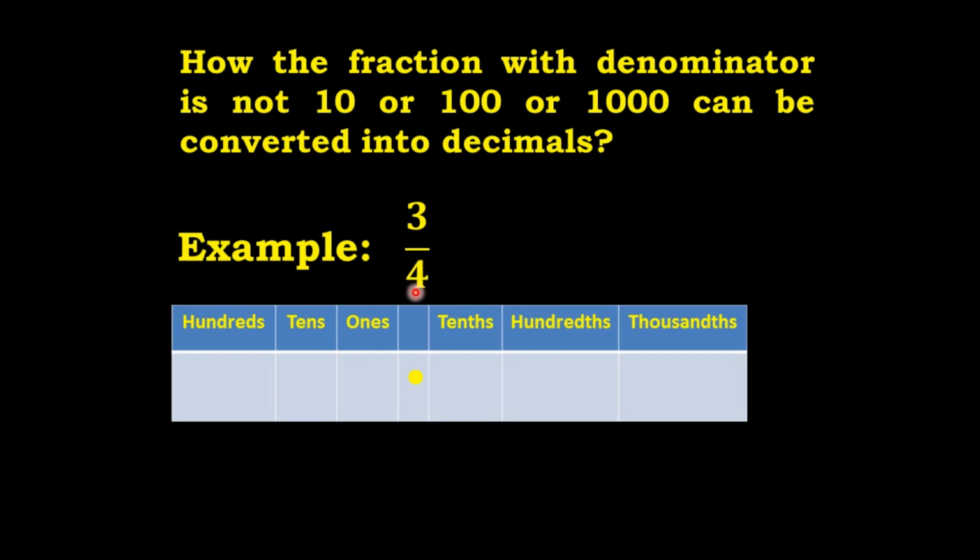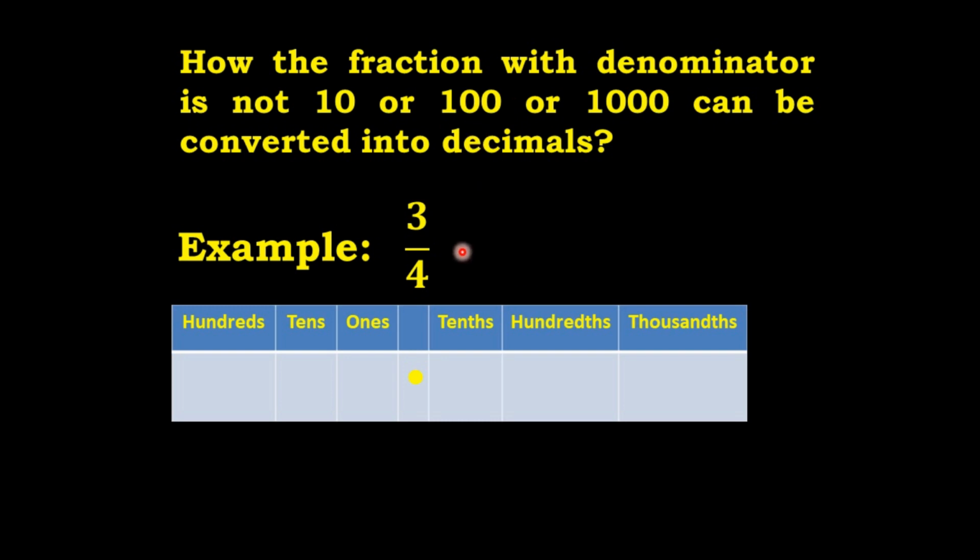So if we are going to convert 4 into 10, there is no such number that we can multiply from 4 to get the product equal to 10. So 10 is not applicable. So let us proceed to 100. So the number that we are going to multiply from 4 so that we will obtain the product which is 100 is 25. That's correct.